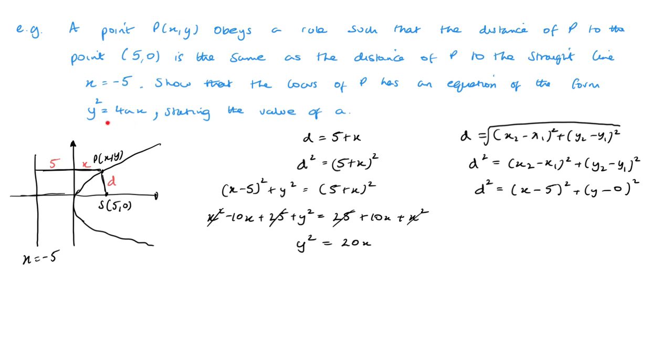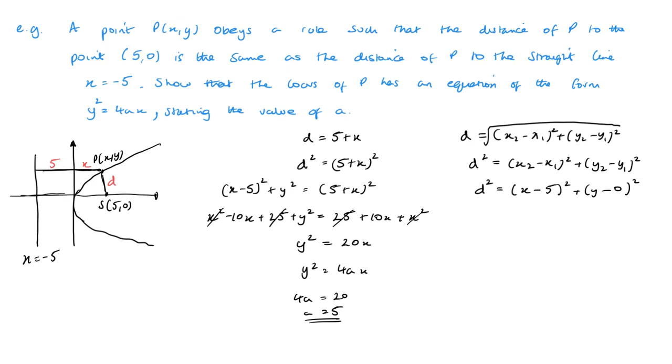Now this is the form y squared equals 4ax. So 4a equals 20, a equals 5. And there we have it.